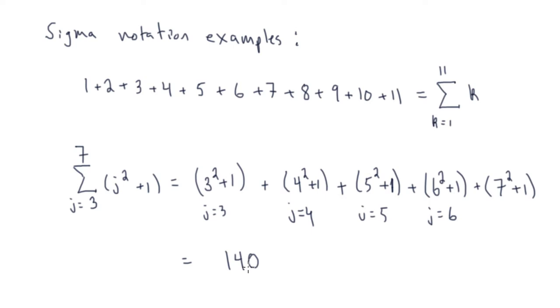So these are just some examples of how sigma notation works. So hopefully you get the idea. Because next, we actually want to try to develop some formulas for general sums that will come up.